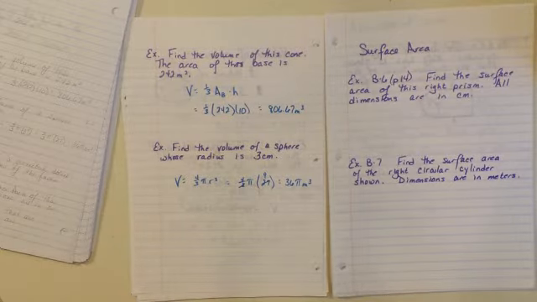geometric solids with flat faces, here's example B6, and we have this right prism. You see the base is a rectangle. The right and left sides are triangles, and this front side and the back side are both rectangles.